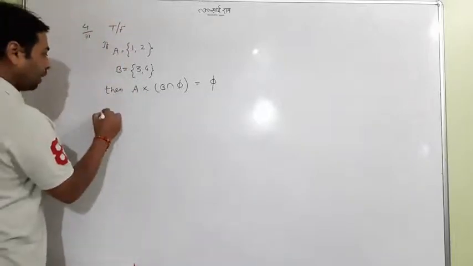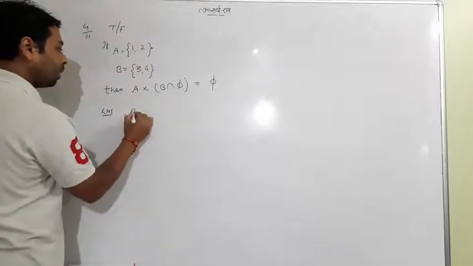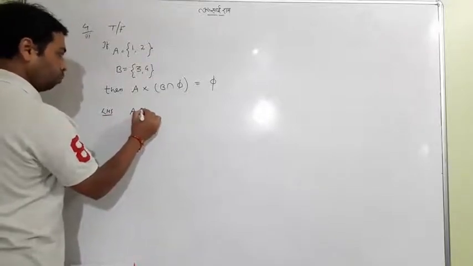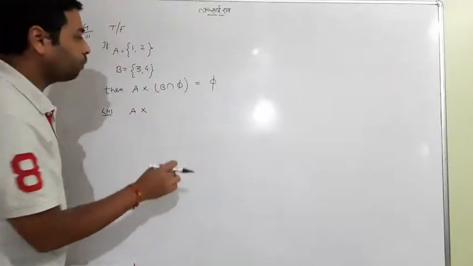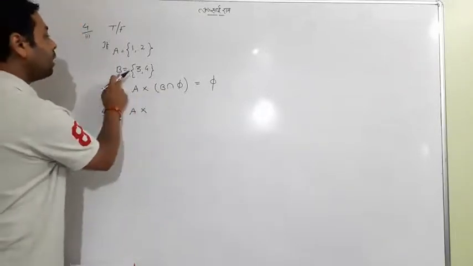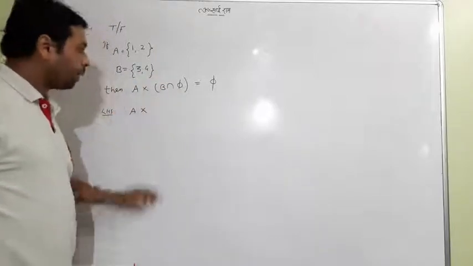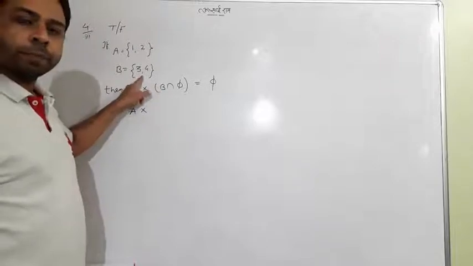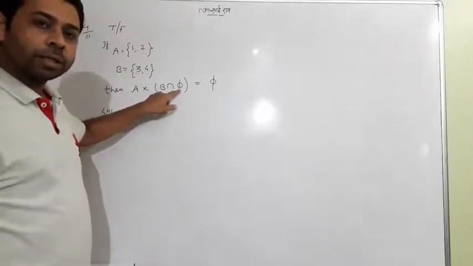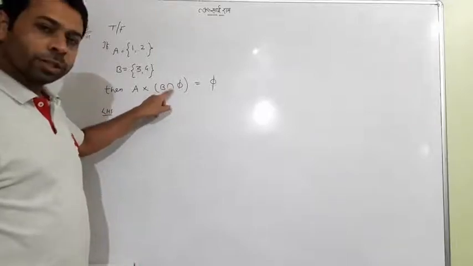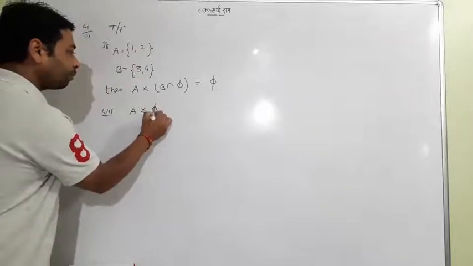If you go to the left hand side, you will see (A cross B) intersection phi. So what is B intersection phi? Look at B intersection the null set. Whenever you find the intersection, the smaller set always comes, meaning this time phi will come.